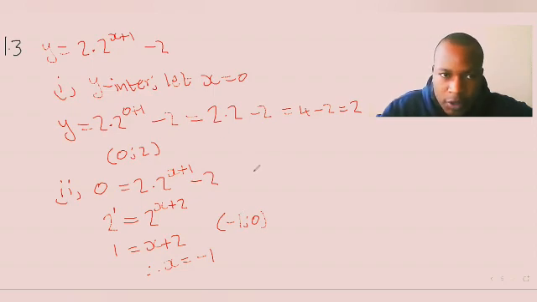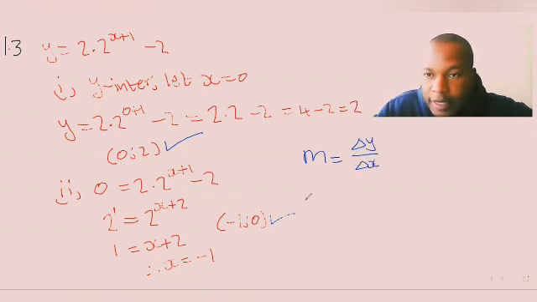Now, once we've done so, I'll just change color on this. So that would be the y-intercept as well as the x-intercept. We essentially have two points with which we can now find the gradient, which is what we were asked to do. Remember that the gradient of any straight line equals change in y divided by change in x.